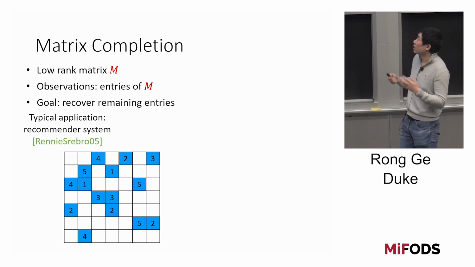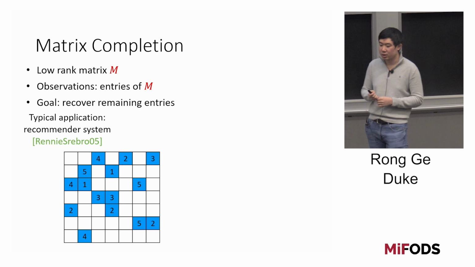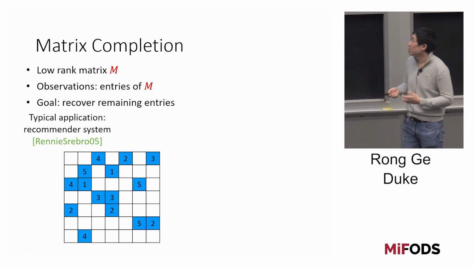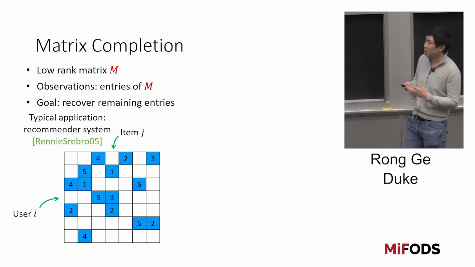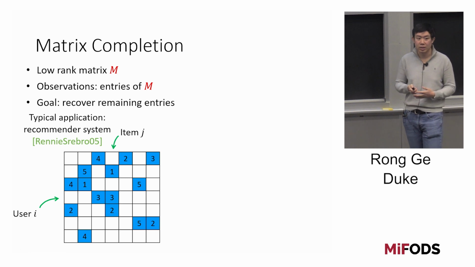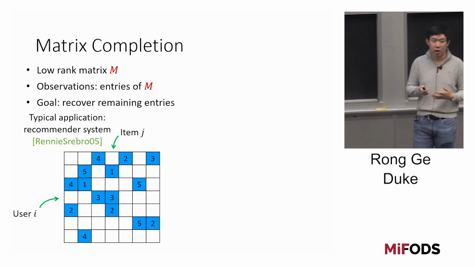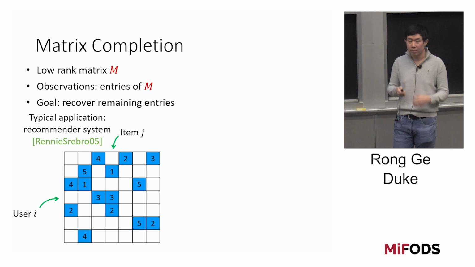A typical application of matrix completion is to recommendation systems. In recommendation systems, usually you think of this matrix as a matrix between users and items. And the particular entries are user i's rating to item j.